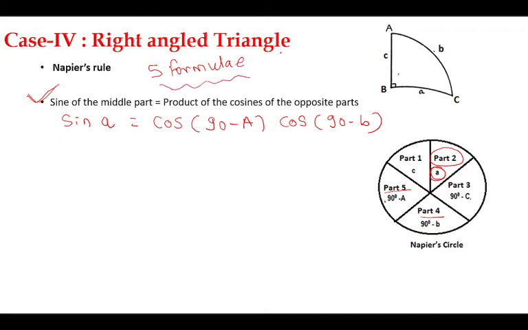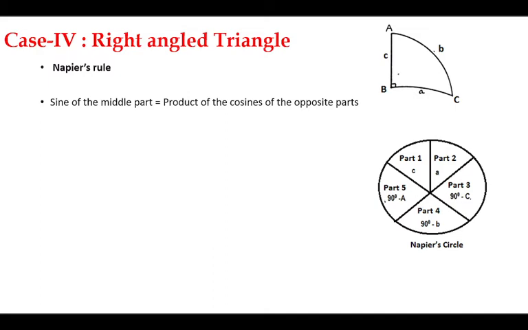Now there is one more Napier's rule, and this Napier rule is: sine of the middle part is the product of tangent of adjacent parts. So remember this, tangent and adjacent.